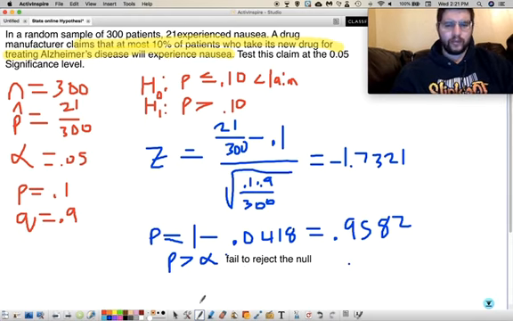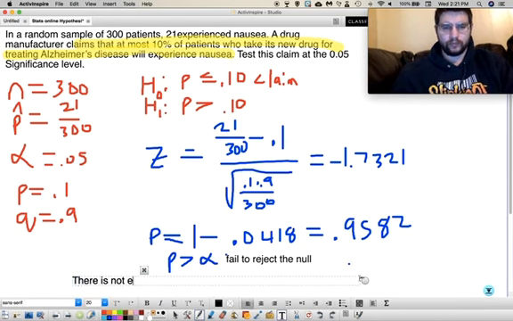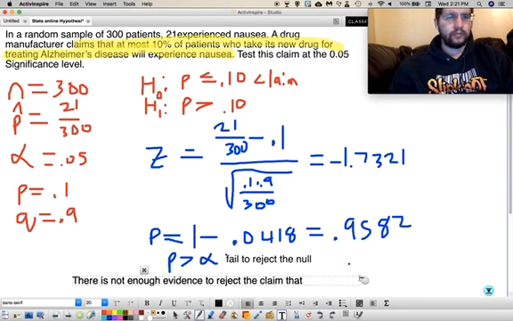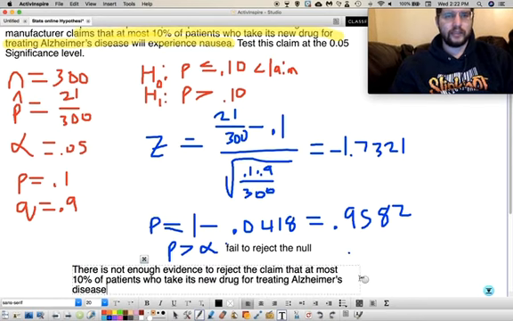That means there is not enough evidence to reject the claim that at most 10% of patients who take its new drug for treating Alzheimer's disease will experience nausea. How do you pronounce it properly, I don't know.